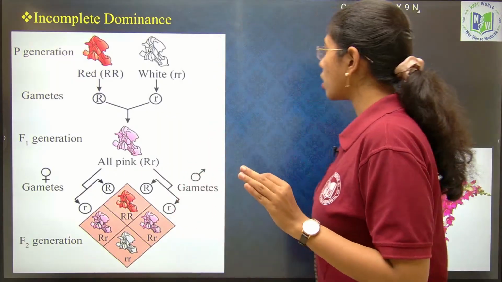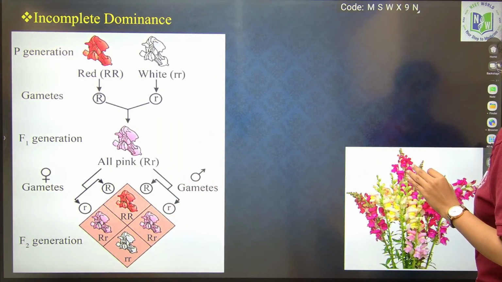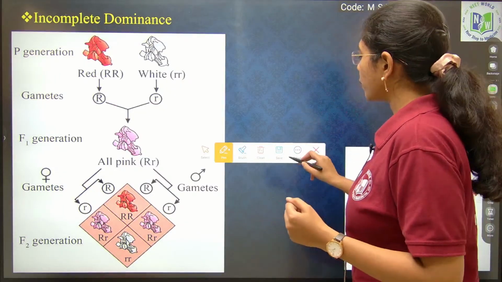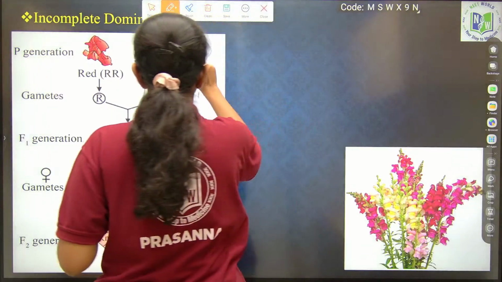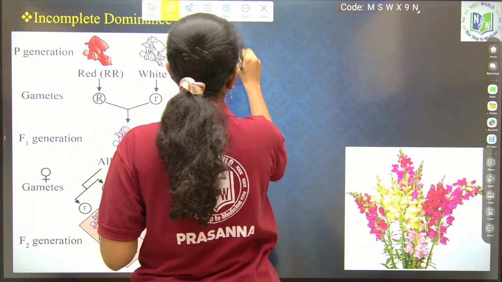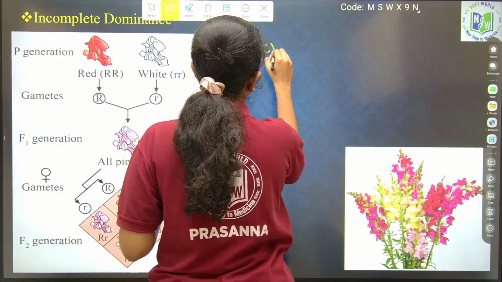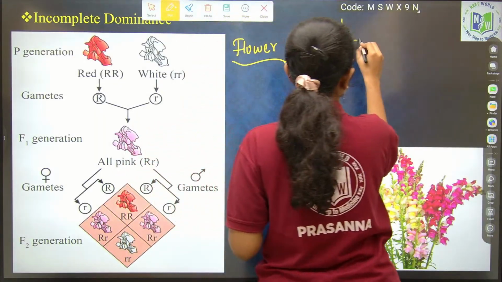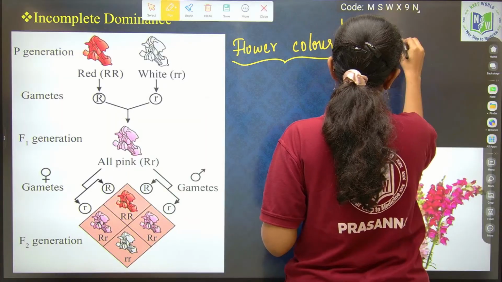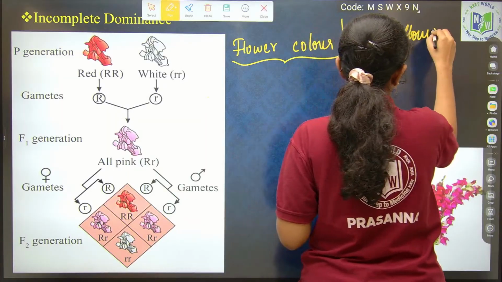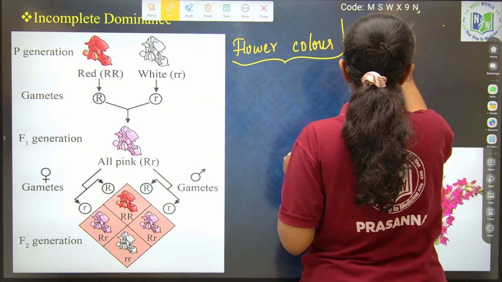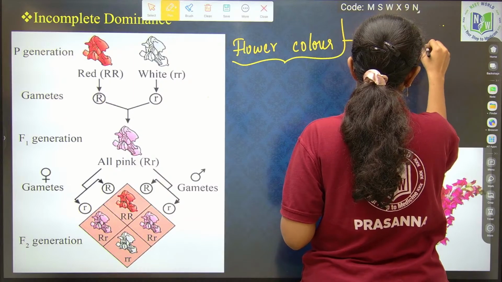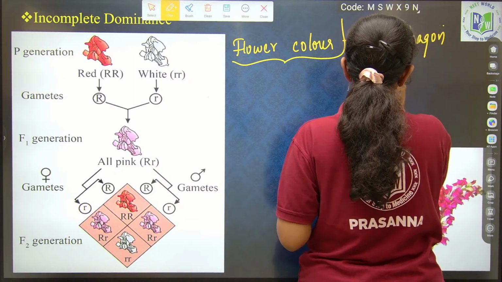But the concept of incomplete dominance is proved by taking flower color from dog flower, or snapdragon, or antirrhinum.